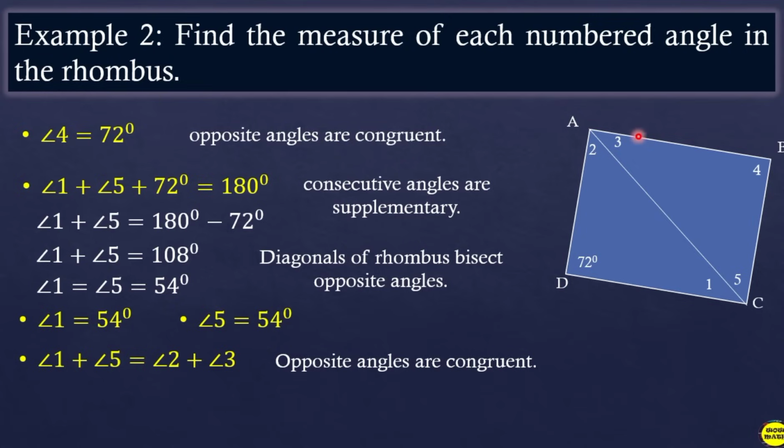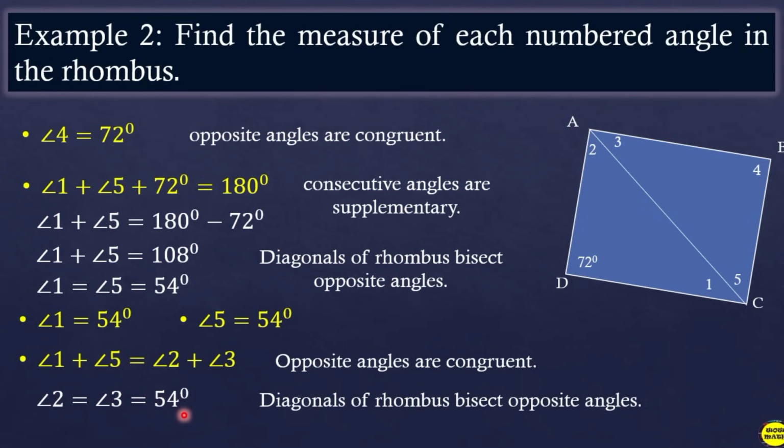Nakuha na natin that this is 108 and angle 1 is 54 as well as angle 5. So, ibig sabihin, angle 2 is equal to angle 3, which is also 54 degrees. Okay? So, diagonals of a rhombus bisect opposite angles. So, ang sukat din po ni angle 2 is 54 degrees. Ganun din po si angle 3.